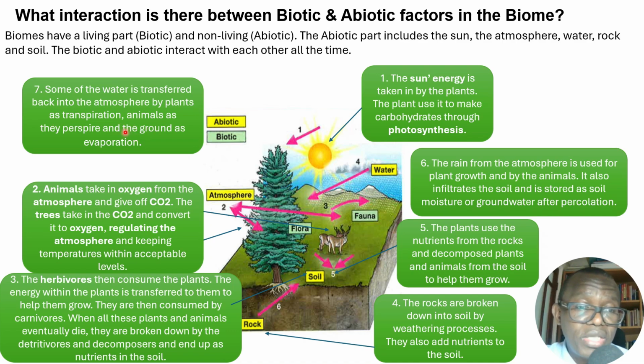But when it's separate, the plants losing water vapor through their leaves is transpiration. And then we have evaporation, as the water is heated by the sun and evaporates and goes back into the atmosphere, and then the animals again are perspiring and giving off that water vapor.